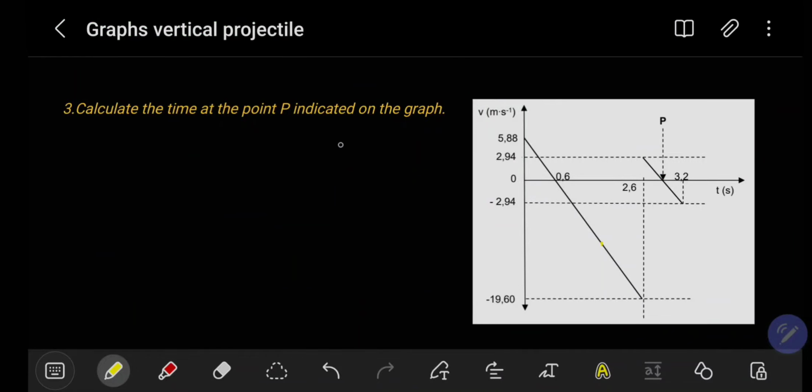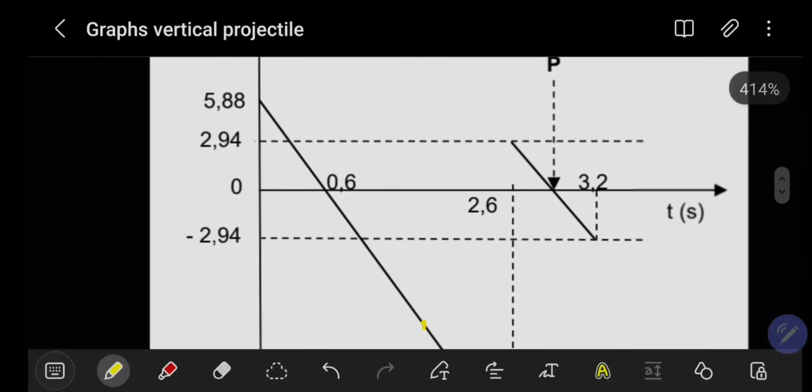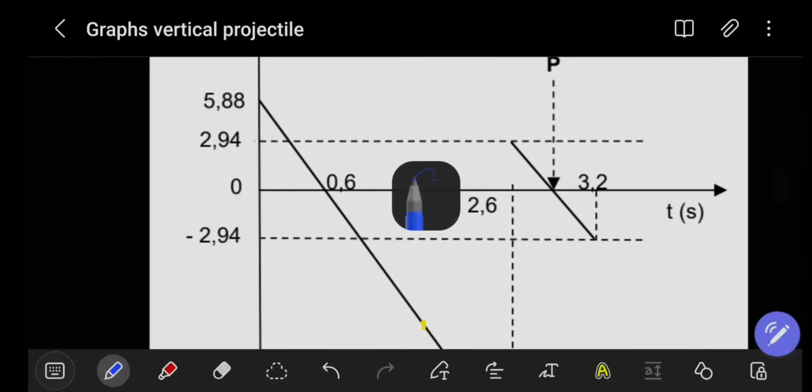Then for us to calculate point P, which is the time here, we can use the equations of motion, or we can use the gradient of this line. We know that when we draw these lines, we have a common gradient, which is our gradient in this case. We know that it's our gravitational acceleration, which is negative 9.8. So if now we use the gradient, we have to identify the points here.